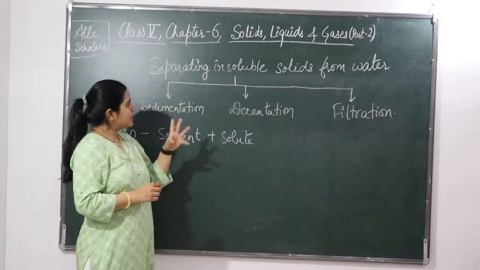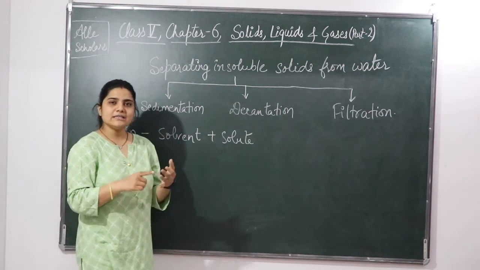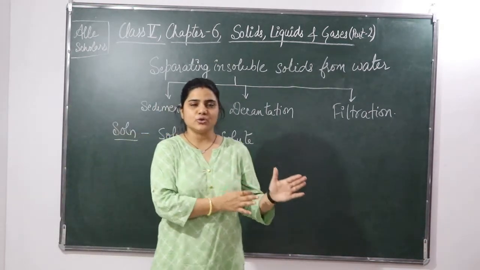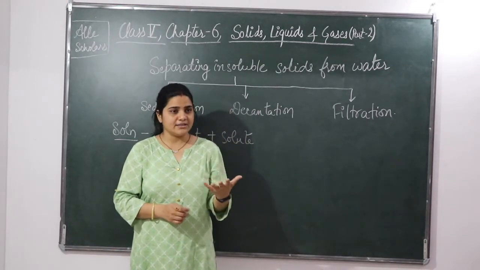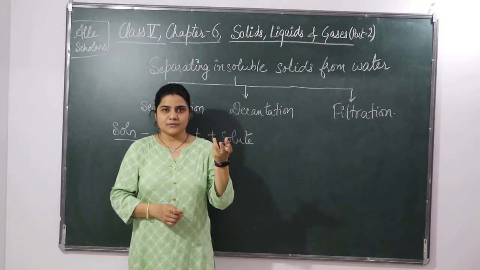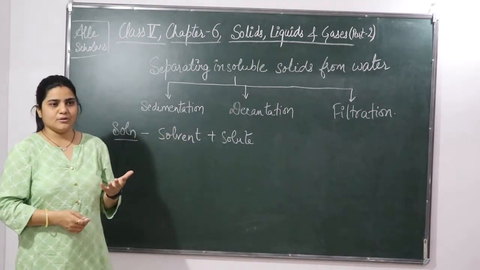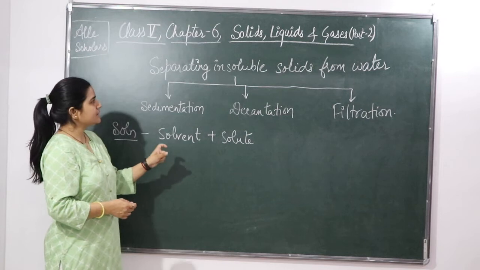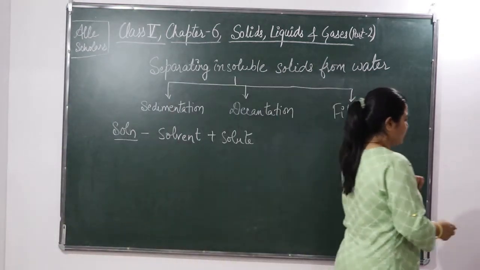Like we have seen that sugar and salt dissolve in water, so they are soluble solids. If we talk about insoluble solids, sand is one, or if you put mustard seed into the water, all these are insoluble solids. So we are going to discuss the separating methods for those insoluble solids.